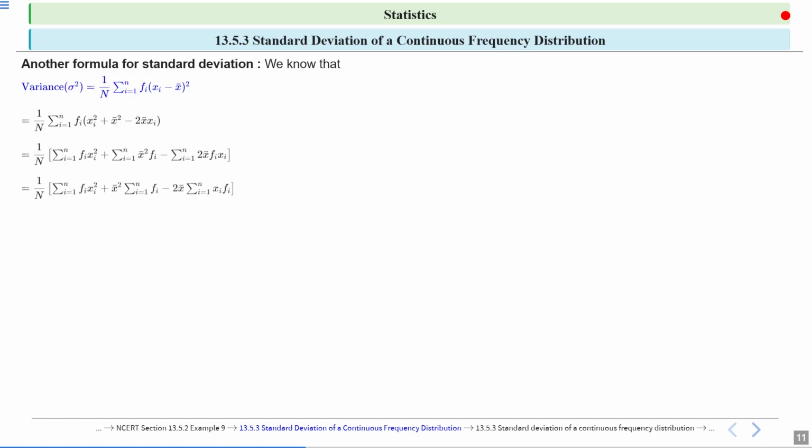Now let's factor out the constants from the sums. So 1 divided by n times the summation i equal to 1 to n of fi times xi squared plus x bar squared times the summation i equal to 1 to n of fi minus 2 times x bar times the summation from i equal to 1 to n of xi times fi.